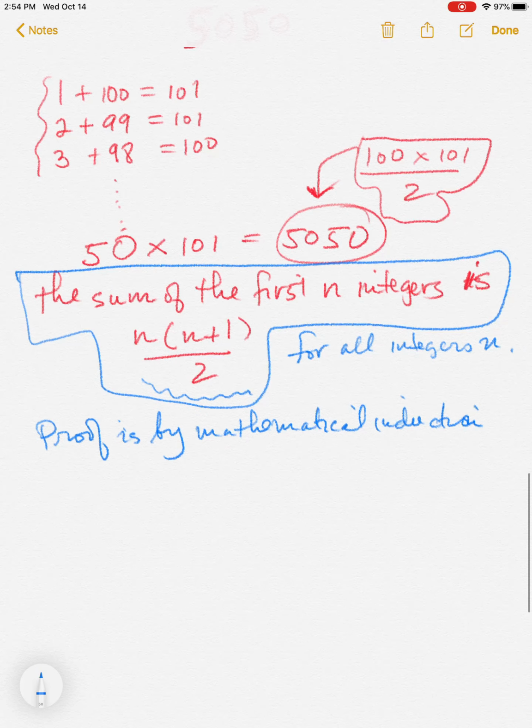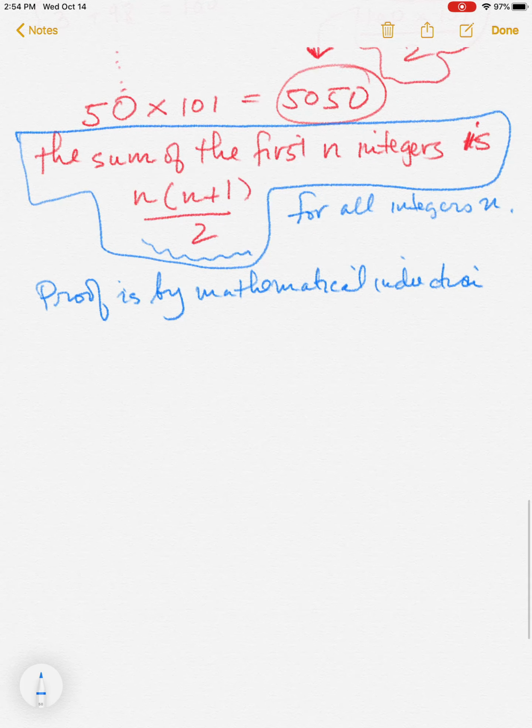And in this case, the infinite set that we are concerned with is the infinite set of integers. And the property that we are going to show that every integer has is that the sum of the first whatever number you pick, integer, is that number times n, that number plus 1 over 2. Okay.